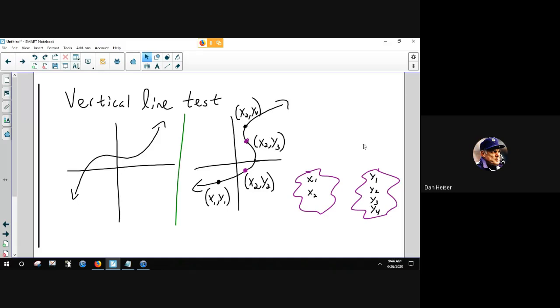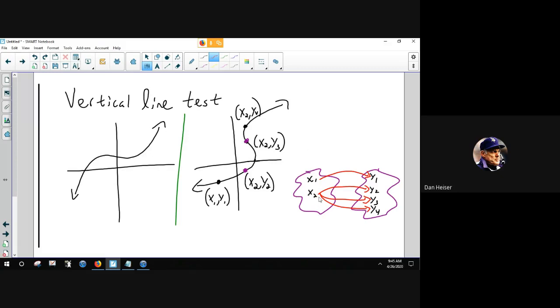And here's looking at that in terms of sets. I have x1 paired with y1. But now I have x2 paired with 3 different things. And this is what makes it not a function anymore. The term for this is just relation. We have a relation between 2 variables, but it is not a function.